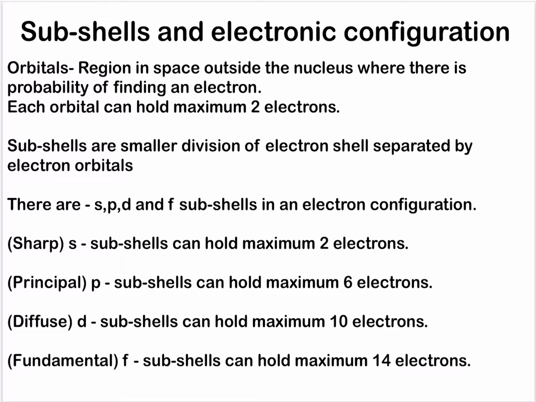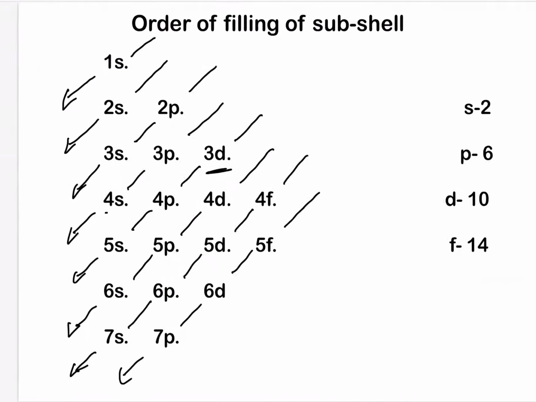Now, I hope you remember what you saw in the previous video, but just for a revision, when we talk about the subshell, we have four subshells: S, P, D, and F. S can accommodate 2 electrons, P can accommodate 6 electrons, D can accommodate 10 electrons, and F can accommodate 14 electrons.